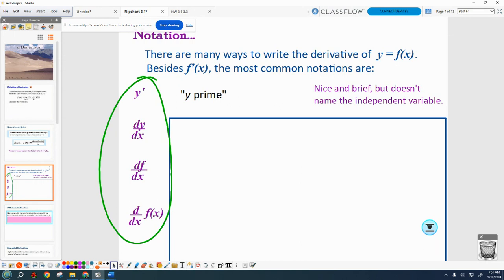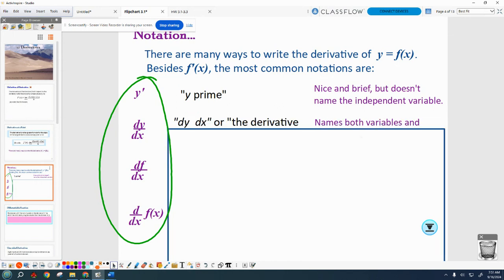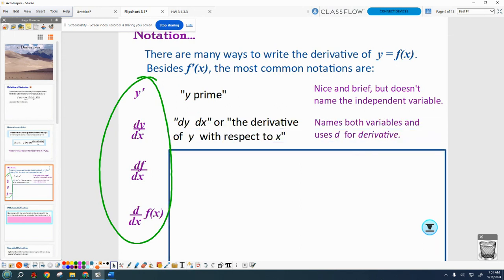So I tend to specify: change in area with respect to radius, change in volume with respect to radius. I will name both variables like this second one, dy dx, or what's the change in y with respect to x, or the derivative of y with respect to x. It has the advantage that both variables are named. Here, we're changing with respect to radius. It matters.